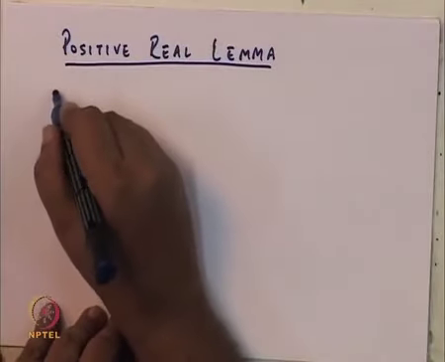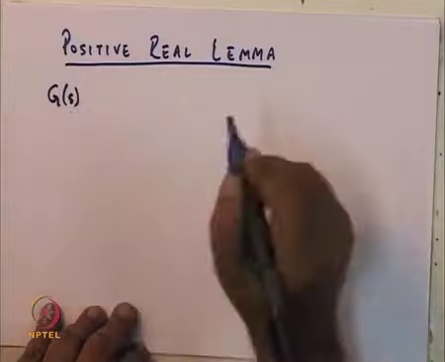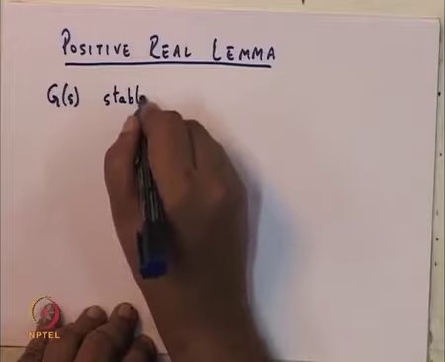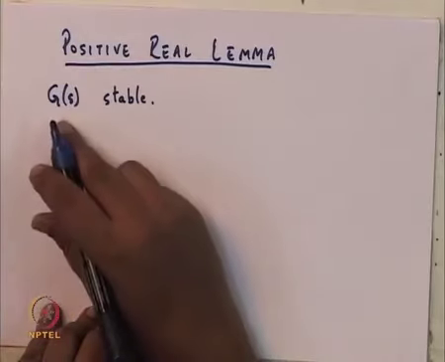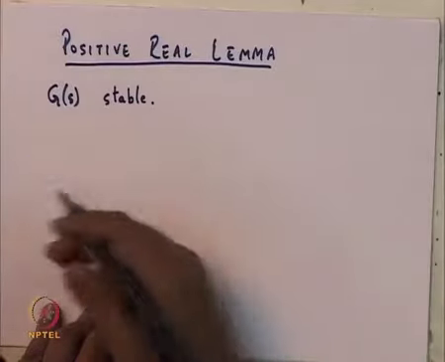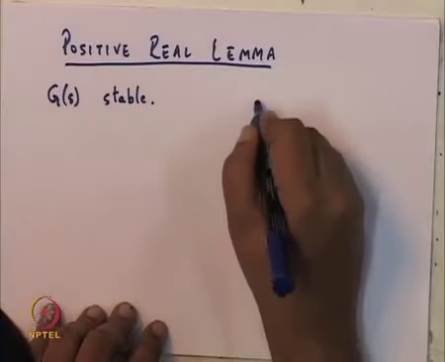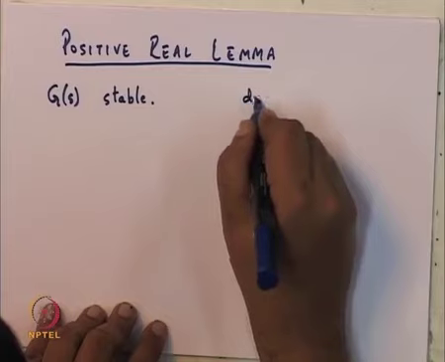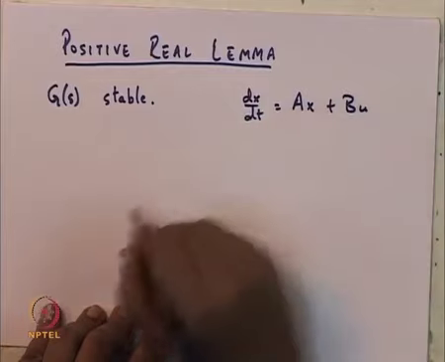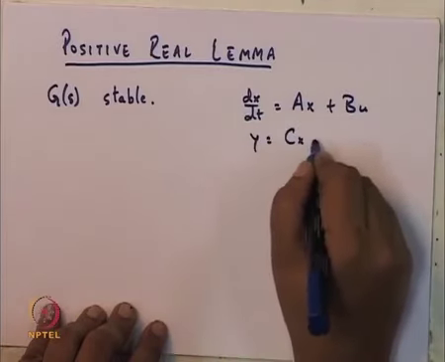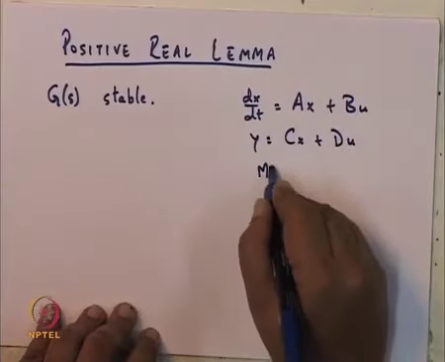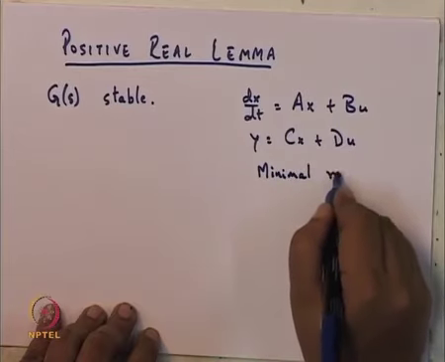Let us take a transfer function G(s), which is stable, and let us assume that this transfer function is written as a state space model, and so you have equations dx/dt equal to Ax plus Bu, y equal to Cx plus Du, and let us assume that this representation is a minimal representation.